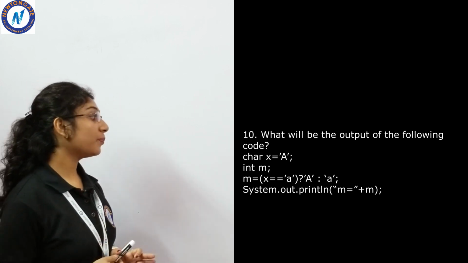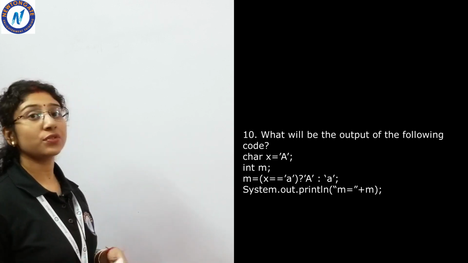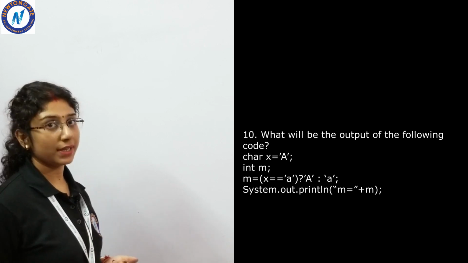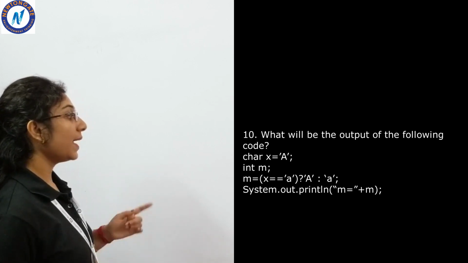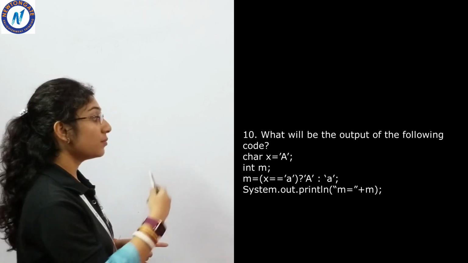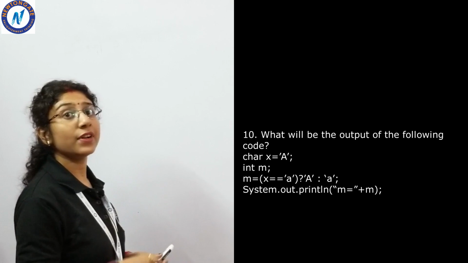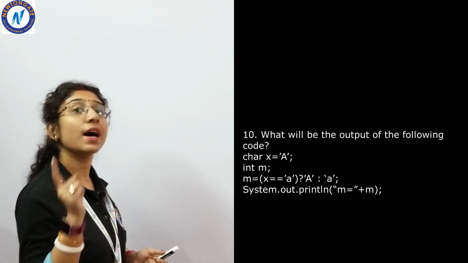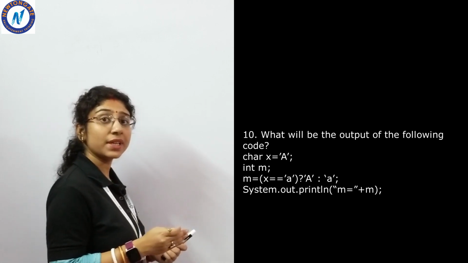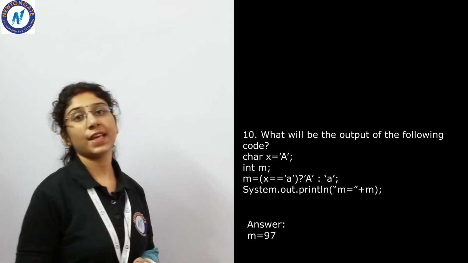As the condition is false, because in x we have stored capital A, not small a, the second expression, small a, will be chosen. But it will not store small a, it will store the ASCII value of small a because we are storing it in an integer variable. So the output will be 97.